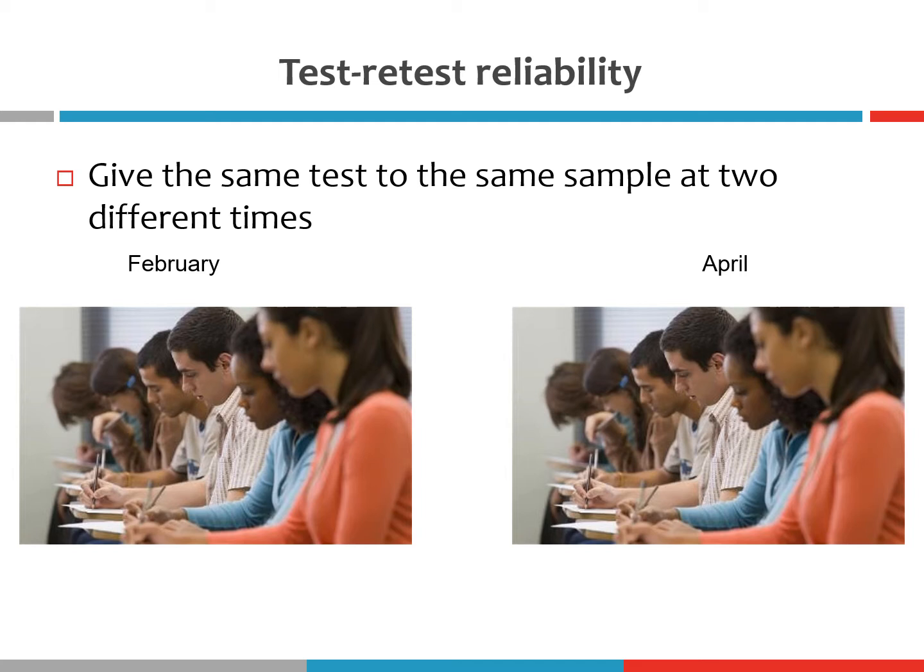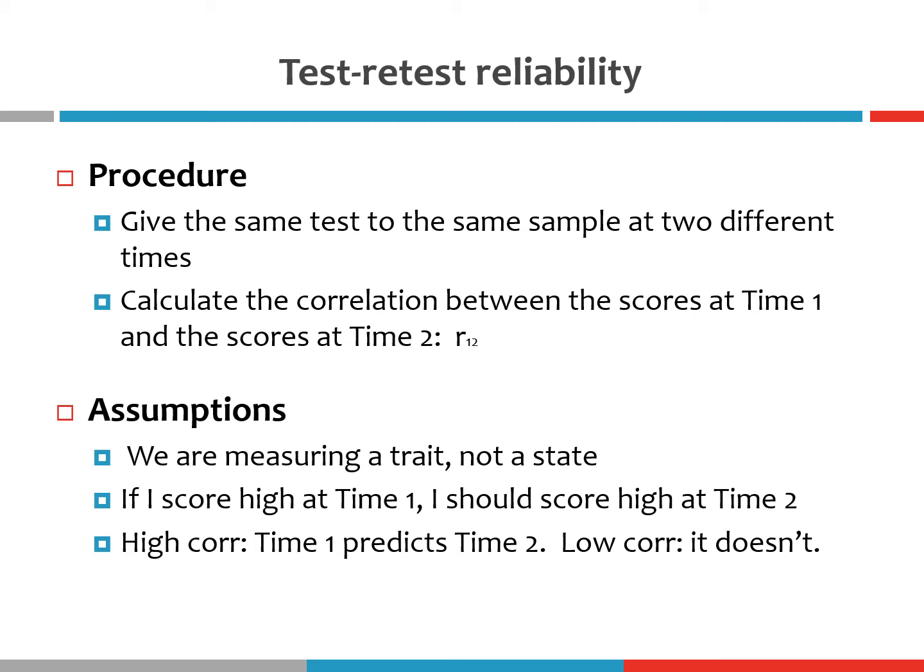So maybe the first time our respondents take the test is in February, and then they take exactly the same test in April. Then we calculate the correlation between the test scores from our sample at time 1, in February, and our respondents' scores on the test at time 2, in April.